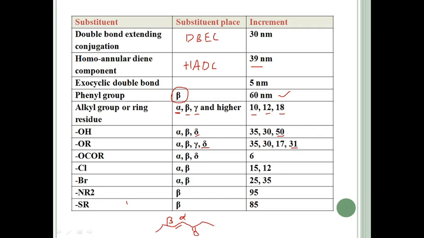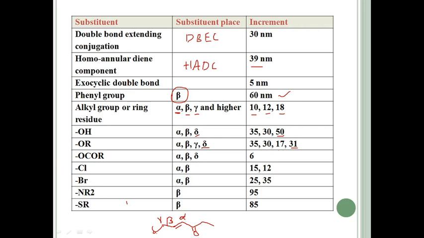This is alpha position, this is beta position, this one is gamma and this one is delta. If alpha position is substituted, you will have a particular increment, beta a particular increment, gamma a particular increment, and delta a particular increment. So depending upon the position of the group, we have to give the increments.